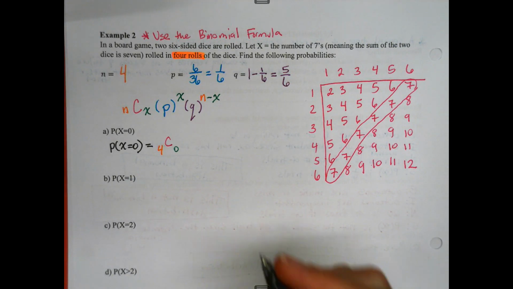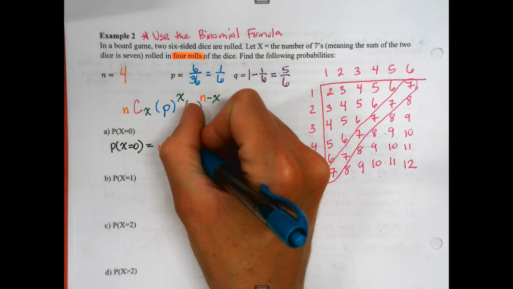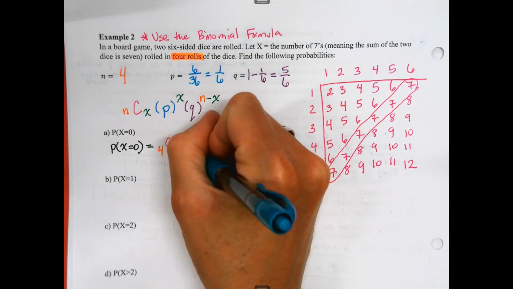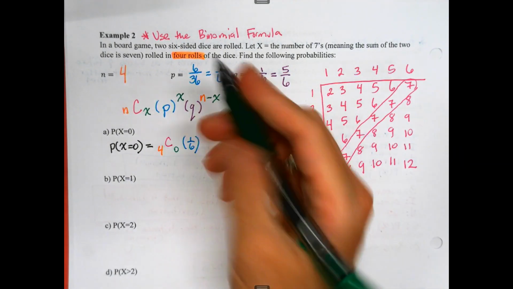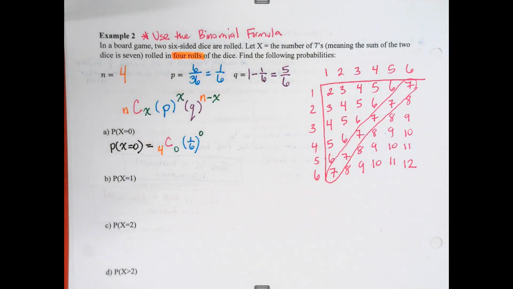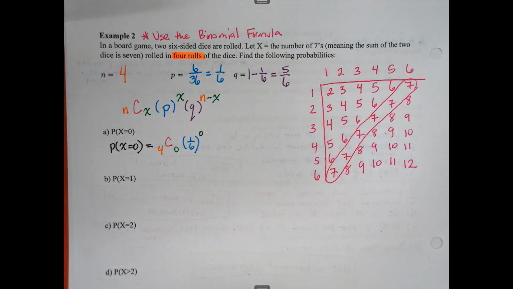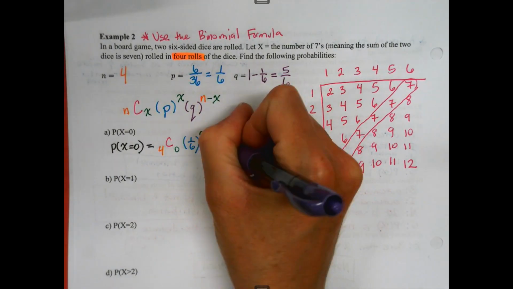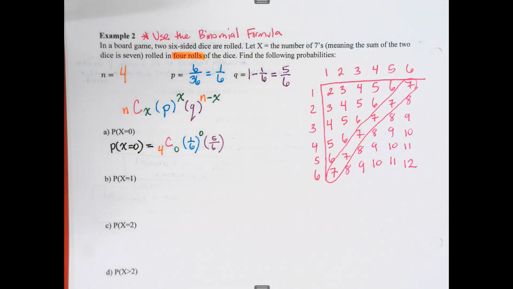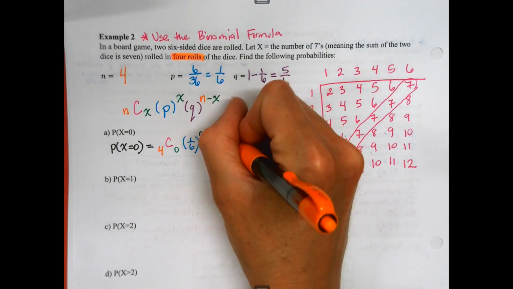Our probability of success was 1/6 to the power of 0 times our probability of failure, which is 5/6 to the power of 4 minus 0.